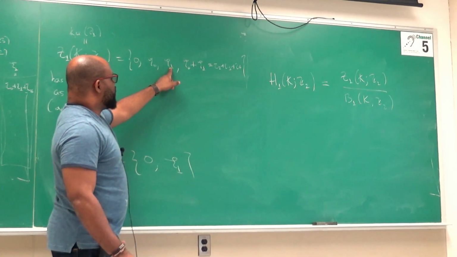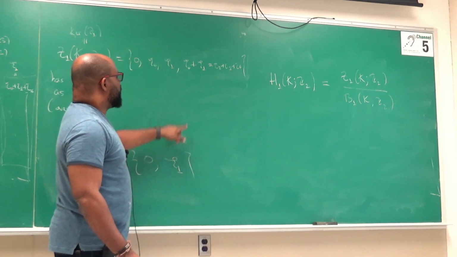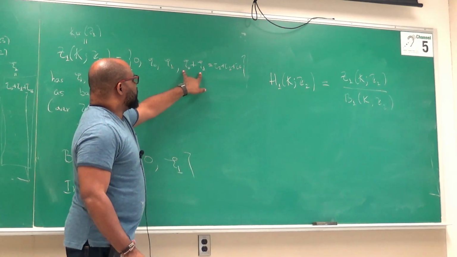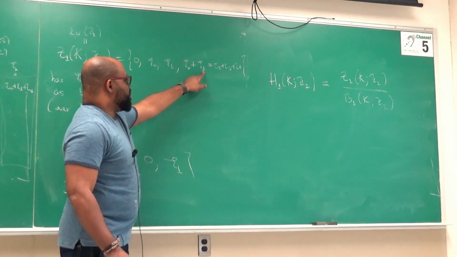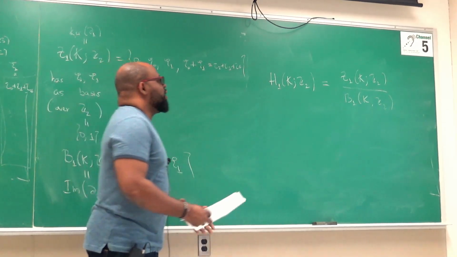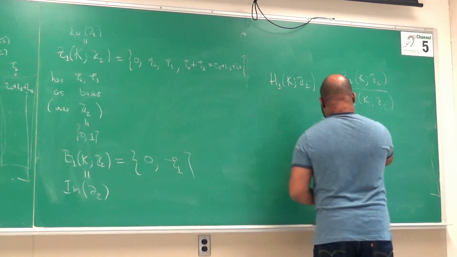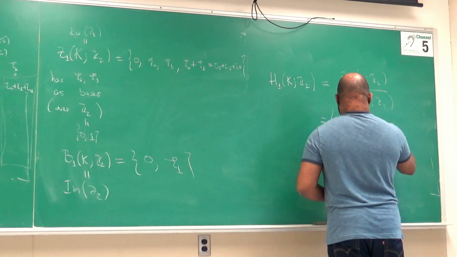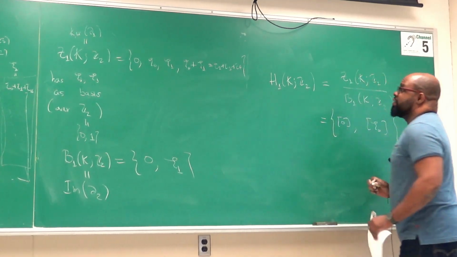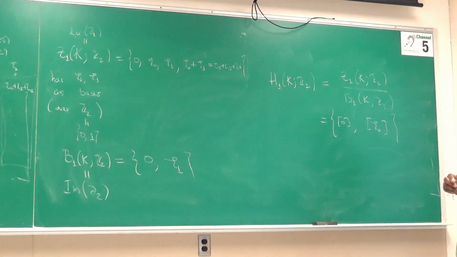So 1 is certainly a boundary, and then this element is homologous to this because it differs by a boundary, in particular zeta 1. So this is exactly 0, and then the class of zeta 0, right?